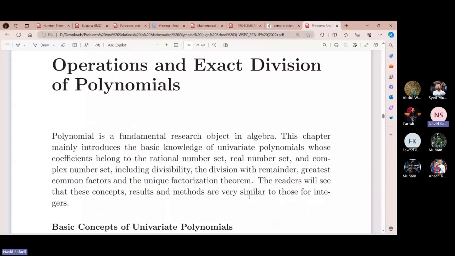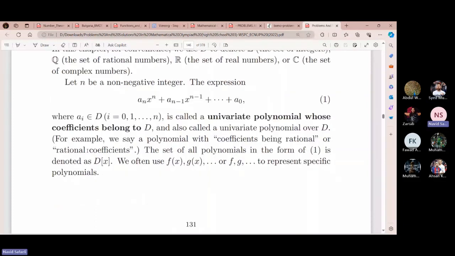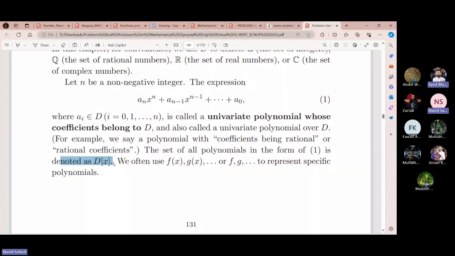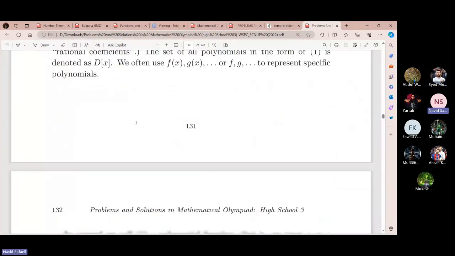You know that any polynomial in one variable can be written in this form. We call them univariate polynomials. We have a field D, which we write as D of X, and this D can either be Z, the set of integers, Q, the set of rationals, R, the set of reals, or C, the set of complex numbers.